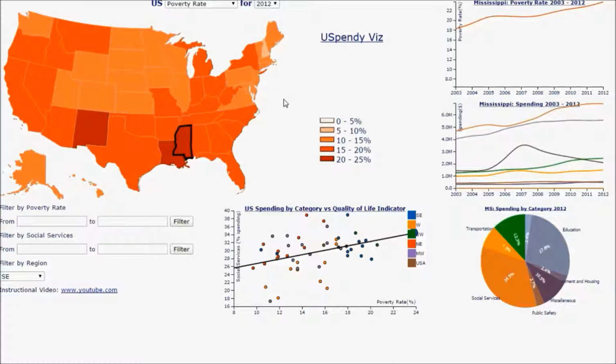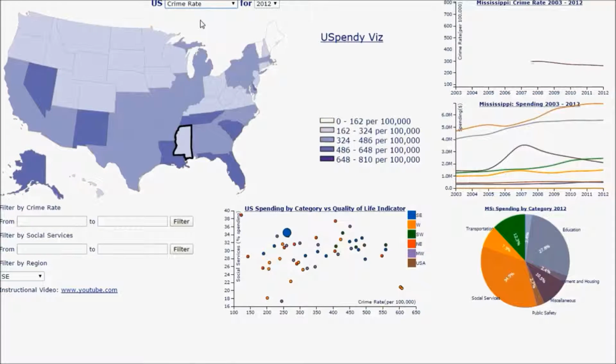Another question we might want to answer is: is there any correlation between spending categories and the quality of life indicators? So let's take a look, for example, at crime rate. It would be logical to ask whether or not public safety has any effect on crime rate.